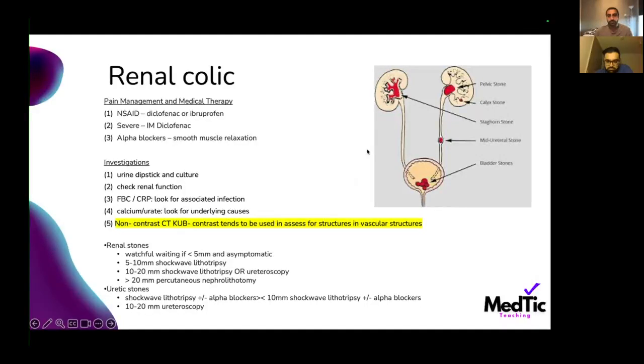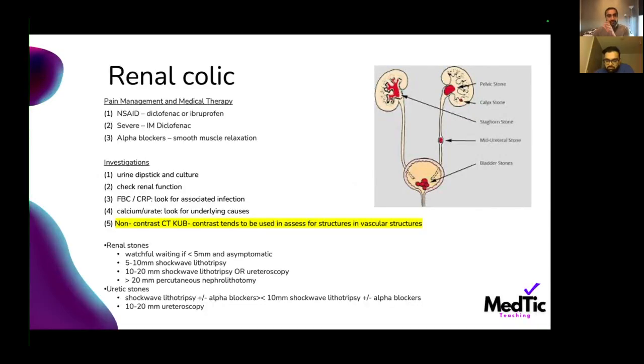Also with loin to groin pain, you're thinking of renal diseases. So you're not quite thinking of a UTI or pyelonephritis because of the severity of the pain, and also there's no fever in the history. So in terms of management for renal colic, the first part is pain management. So NSAIDs is typically what you normally use.